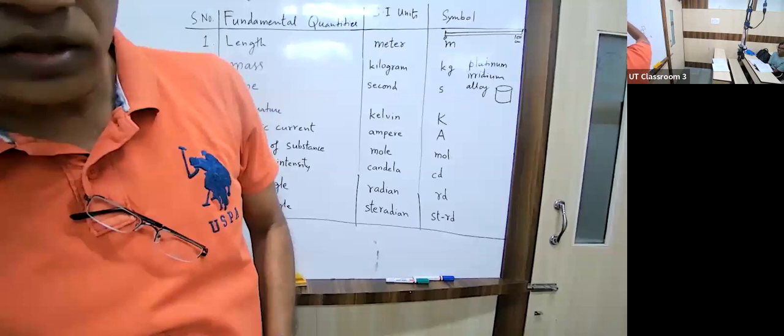So how do we define it? A body is said to be in motion when its position changes with respect to some reference position.